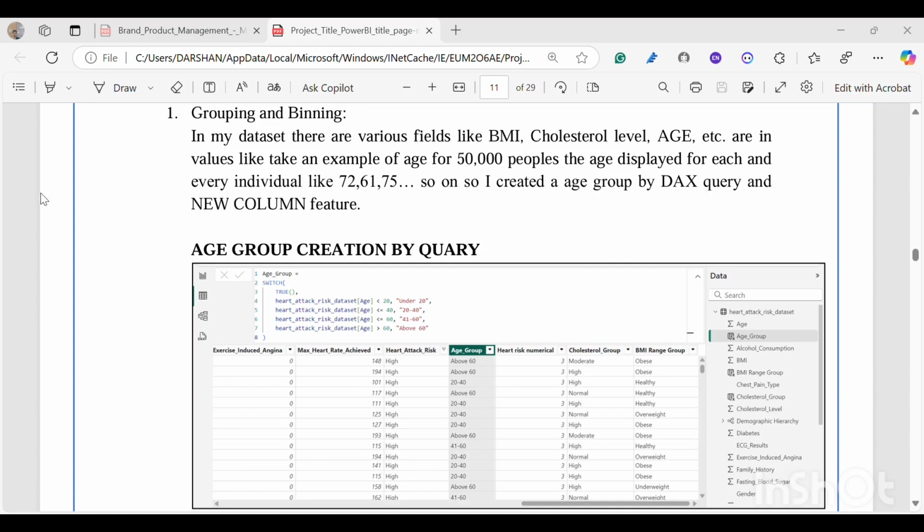In the age section, you can see the data I previously had was like 90, 26 to 49. This does not make any sense to me.